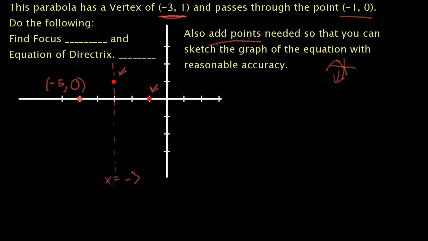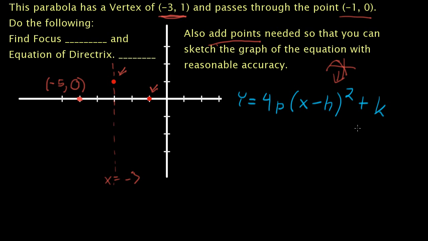Okay? Now, I need to find the focus and the equation of the directrix. This is where I'm going to add in a concept. And that concept is this equation that I briefly introduced a while back. y equals 4p(x minus h) squared plus k.